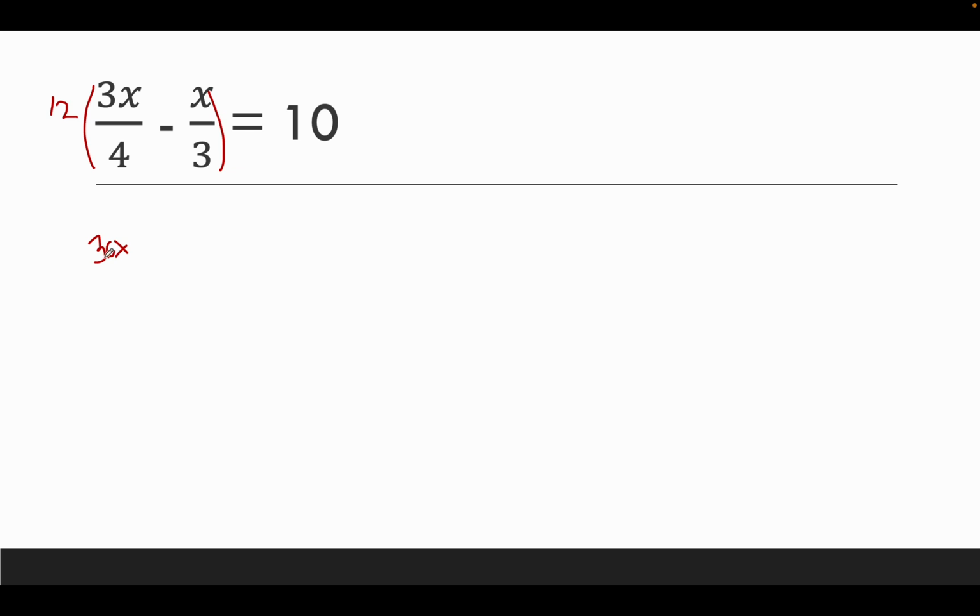Times x, makes it 9x. Now let's do 12 times the other fraction. 12 times 1x equals 12x, correct? Then I would just plop the 3 still underneath there. 12 divided by 3, though, is 4x. Bringing down that minus sign.